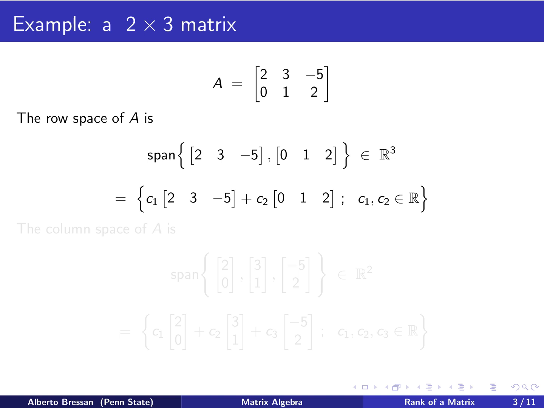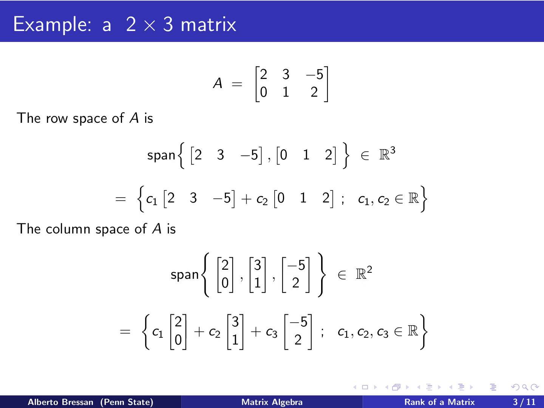To form the row space of A, we take the 2 row vectors and we take the span of them, and this will be a subset of R3 because each has 3 elements. If you write out a linear combination of these, that will be C1 times the first row plus C2 times the second row, where C1, C2 are real numbers.